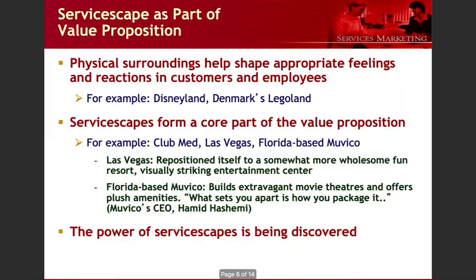Okay, I'll continue. So the servicescape, or physical environment, of a service is a part of the value proposition. The physical space or physical surroundings help shape appropriate feelings and reactions in customers and employees. So the keyword is feelings.